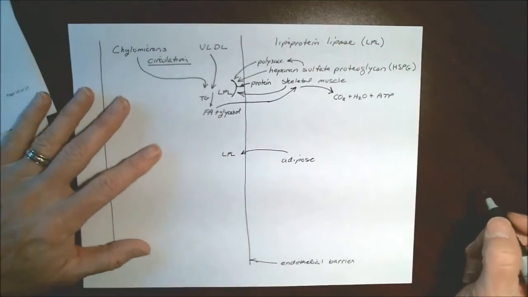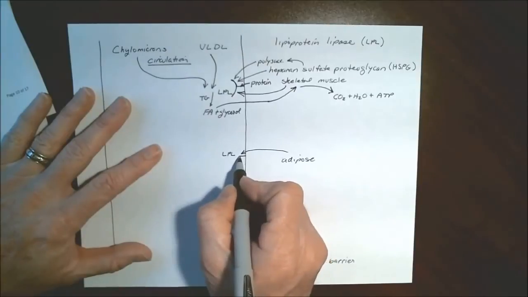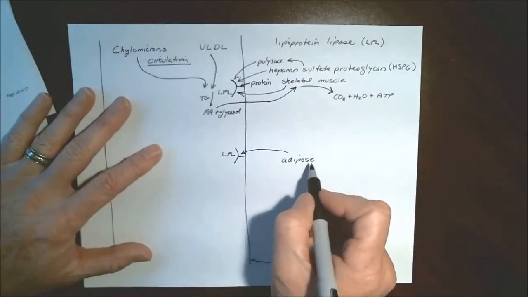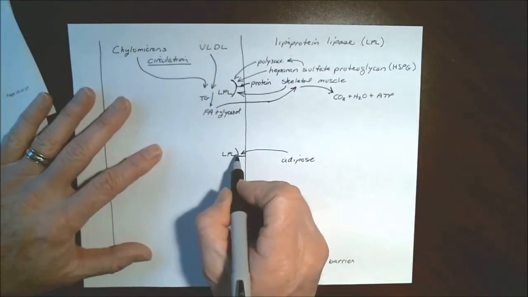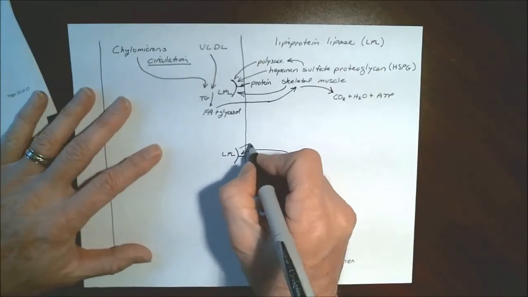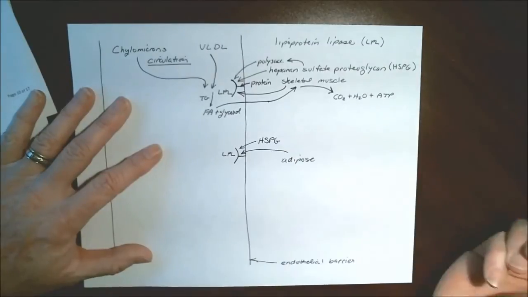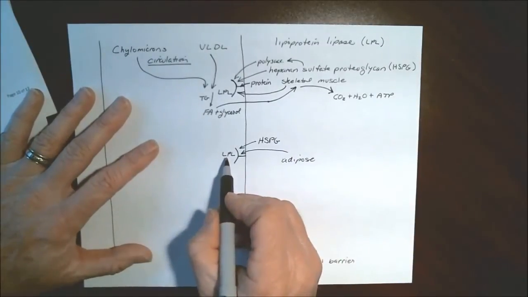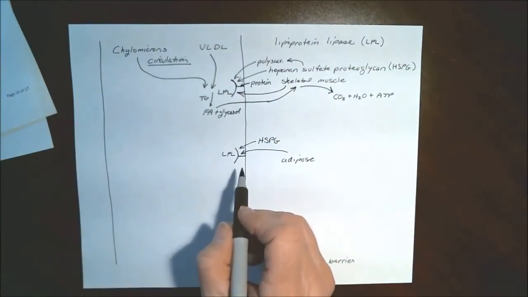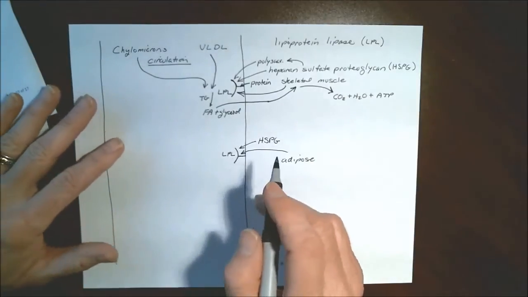Likewise, adipose is going to do the same process. It is also going to synthesize the lipoprotein lipase, transport it across the endothelial barrier, and tether it, binding it to an HSPG structure. This, in the same manner as the skeletal muscle, holds the LPL in position within the circulation system of the tissue that needs the fatty acids.